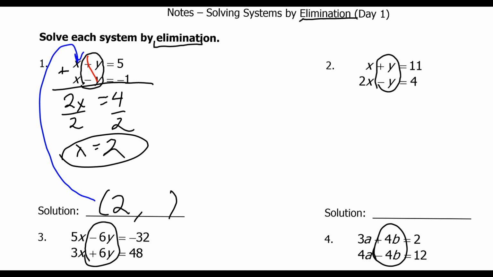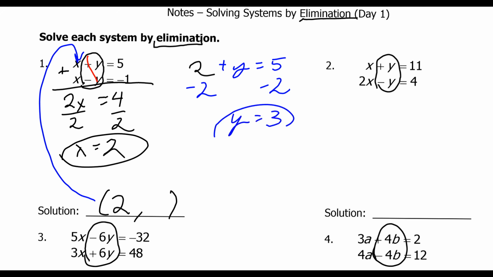So we're going to have 2 plus y equals 5. We're going to minus 2 from both sides, and we are left with y equals 3. And these are just that simple.